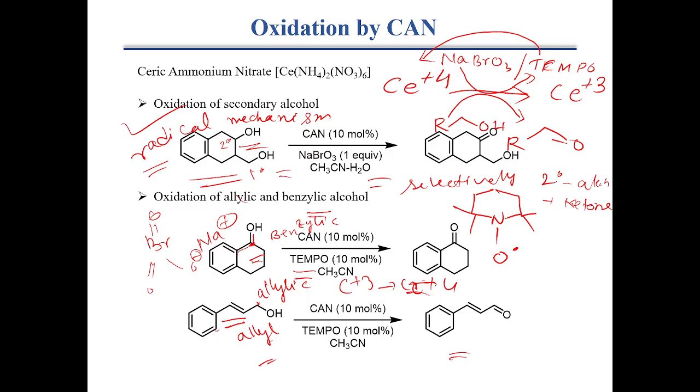In the reactivity order, secondary alcohol is oxidized faster than primary alcohol in the presence of cerium ammonium nitrate. It also oxidizes allylic and benzylic alcohol. To regenerate the catalyst and maintain the catalytic cycle, we use TEMPO or sodium bromate. This is the benzylic oxidation and this is the allylic oxidation by CAN.